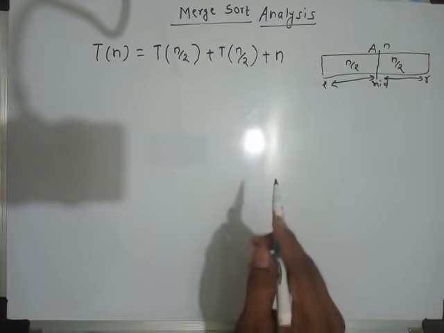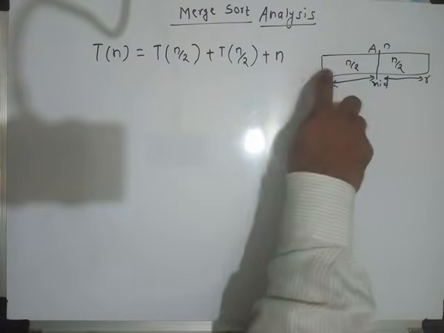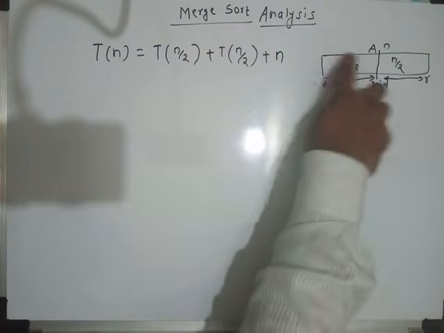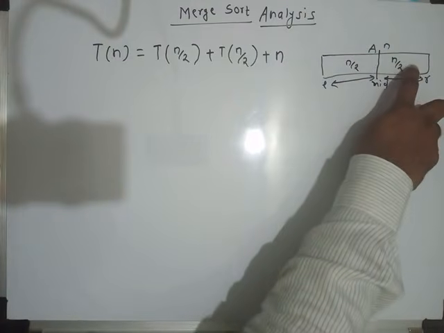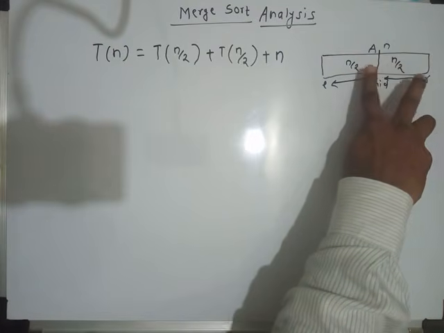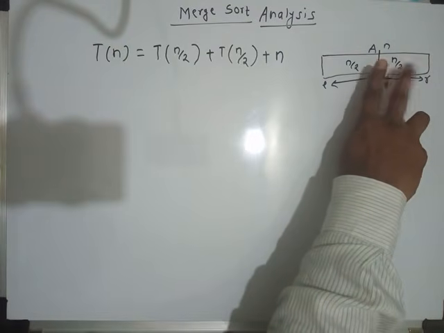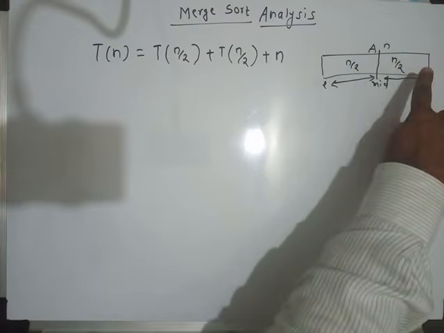So thus we write the recurrence. The time needed to sort this array of size n is equal to the time needed to sort this left half plus the time needed to sort this right half, plus, once I get the left half sorted and the right half sorted, the time to merge these two in order to get the entire array sorted.